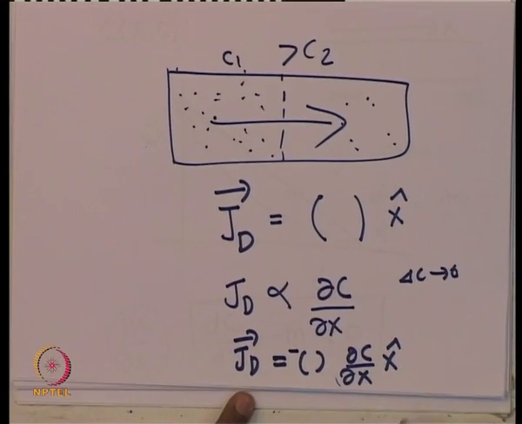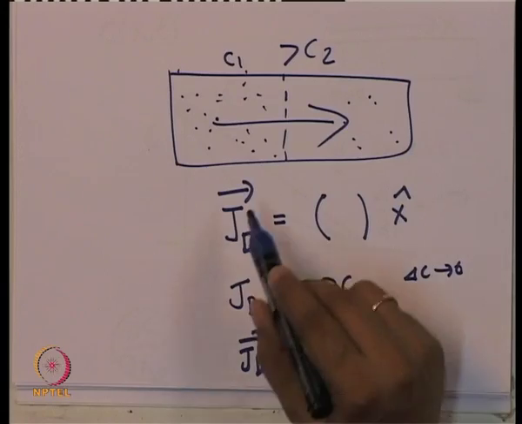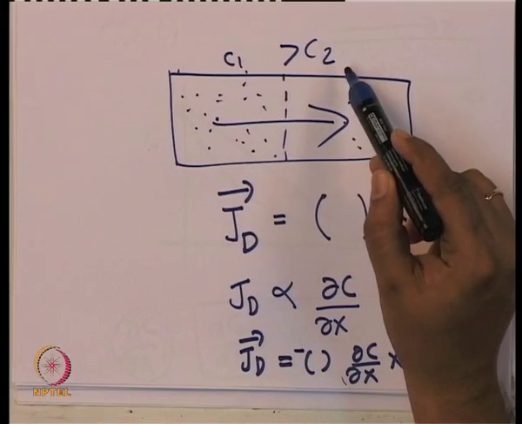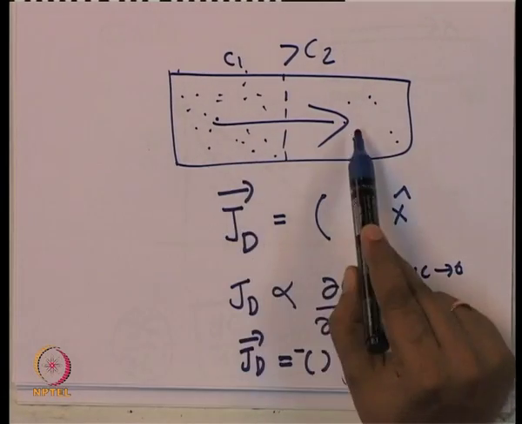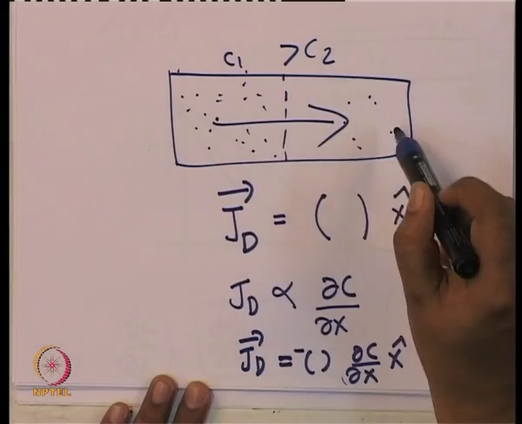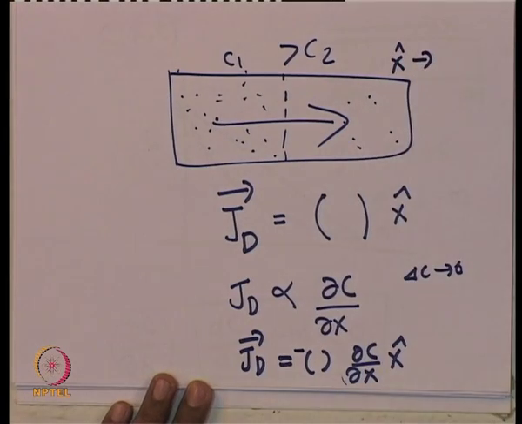So, just from mere common sense we deduced this much. How did we deduce it? First we said that C1 is greater than C2, so it will flow from here to here. Since this is the x axis direction, we call this direction the x cap direction.